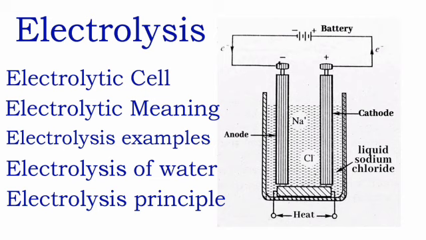His ionic theory states that certain substances produce freely moving ions when they dissolve in water, and these ions conduct electricity when they are in solution, when they are dissolved.